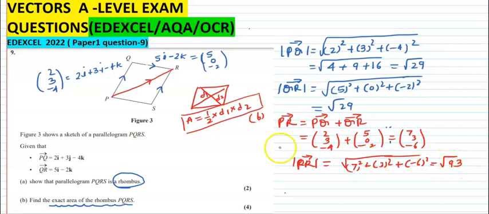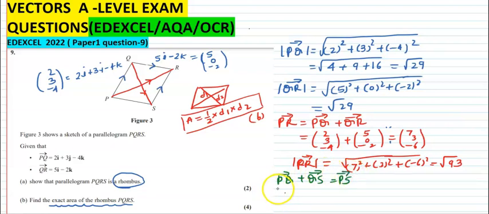Similarly, we can find this diagonal, Q to S. So now we can write PQ plus QS equal to PS.